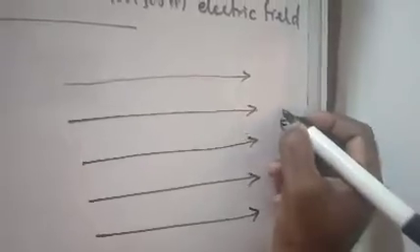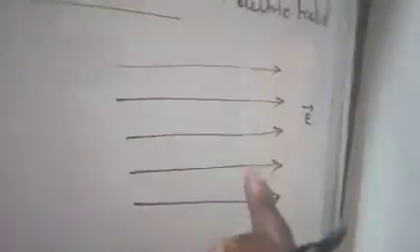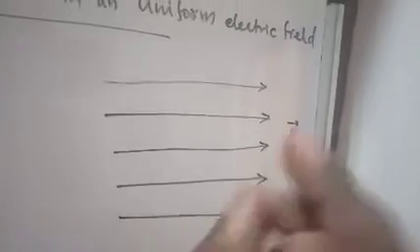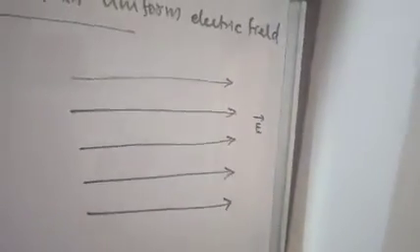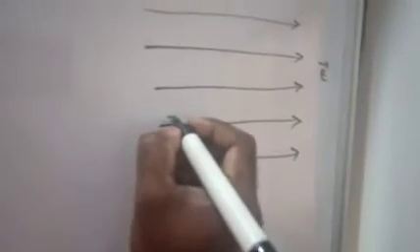Now, this region is a uniform electric field region, meaning at every point in this region, a unit positive charge experiences equal force in magnitude as well as direction. Now I am going to keep a dipole.